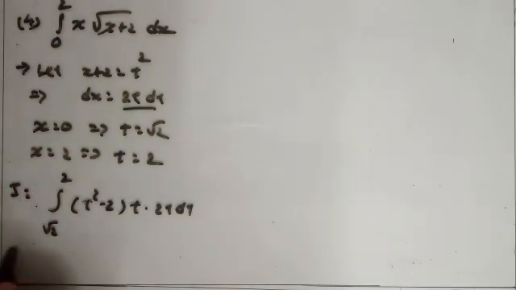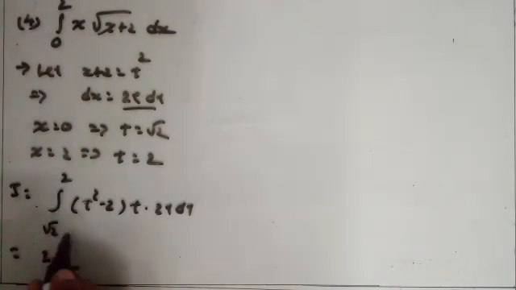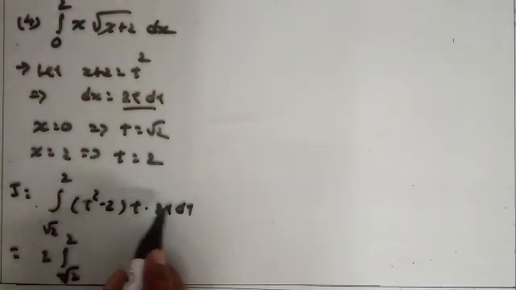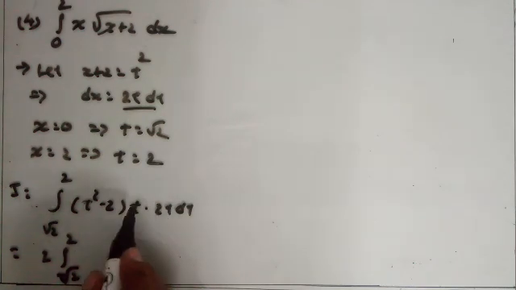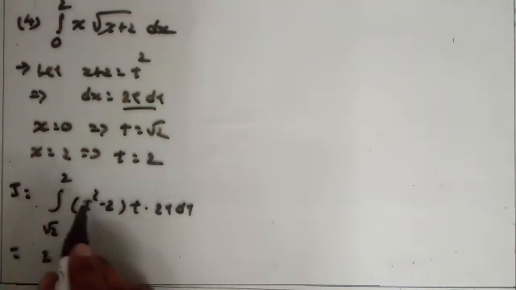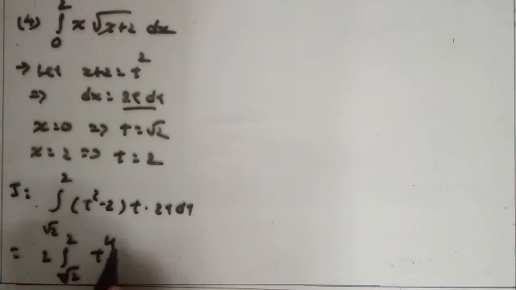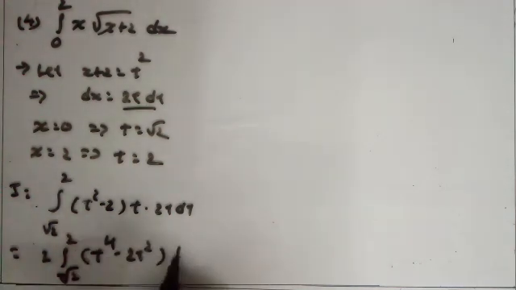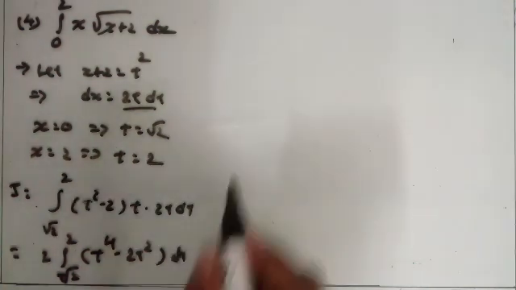Clear? So it is equal to, take 2 outside, root 2 to 2, here t into 2t becomes t into t, t square. Taking t square inside, we get t raised to 4 minus 2 t square, dt. Now do the integration.